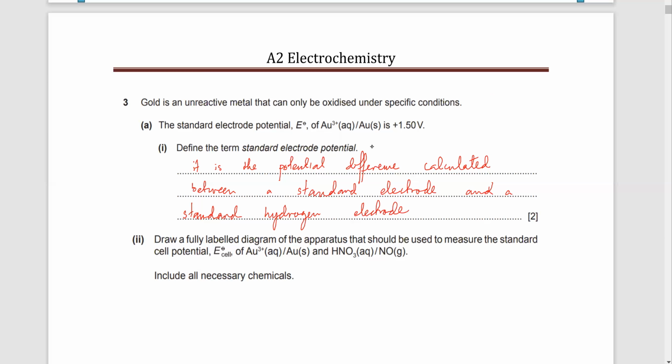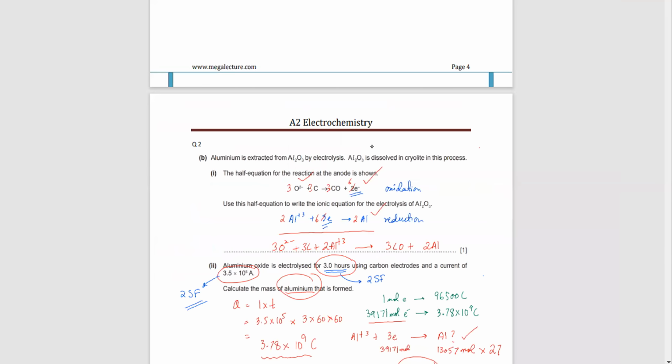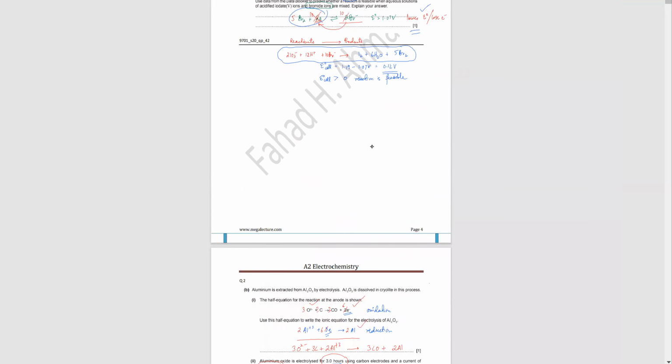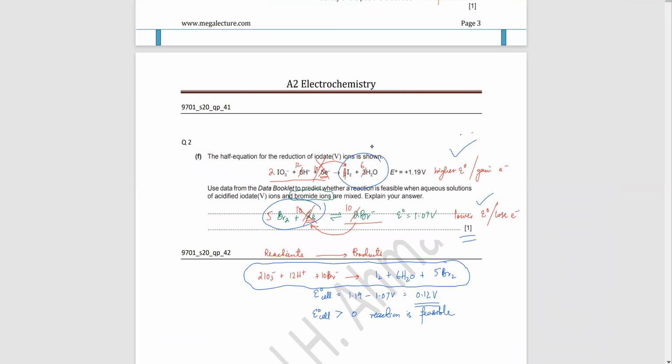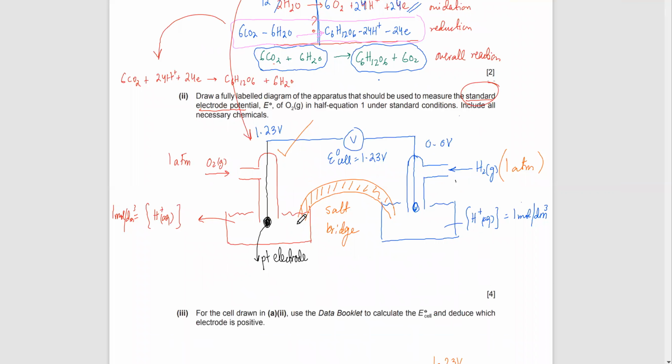That is exactly what we did over here in the first question, where I think we drew electrodes. Electrode potential between a standard electrode and a standard hydrogen electrode.